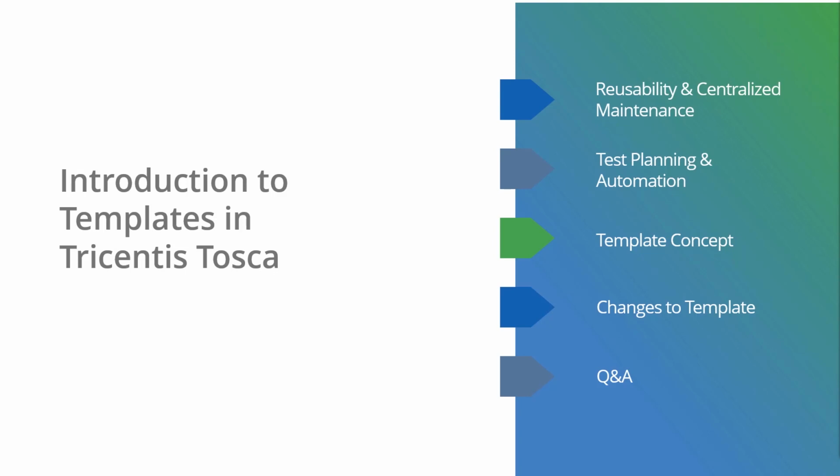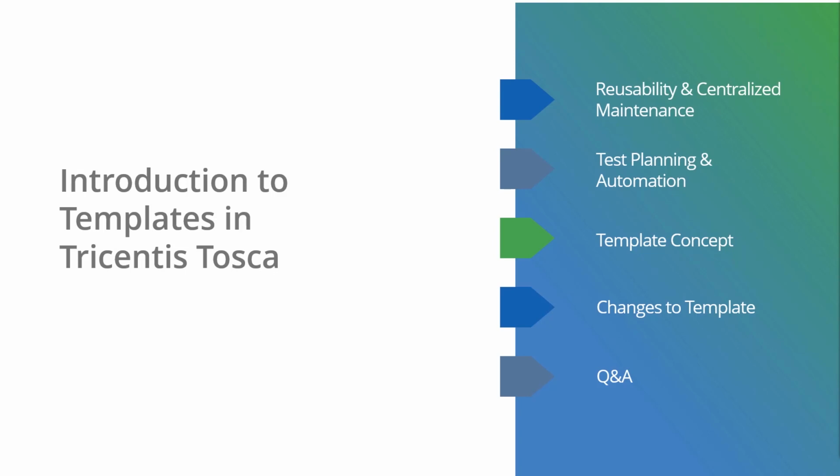And then I will go into the core topic here, which is our template concept, how we turn the test cases that you've planned and automated into templates that can be reused for automating multiple scenarios. So you're going to see how to turn one test case into a template which can be used to automate as many scenarios as you need that follow a similar path through the application.